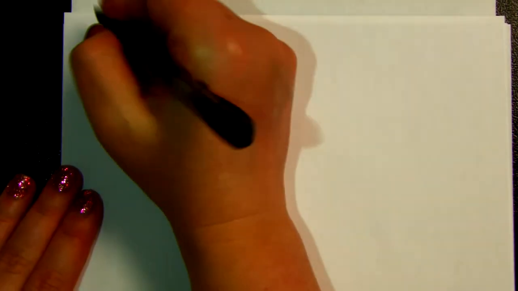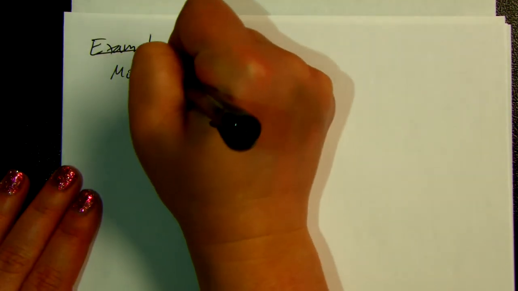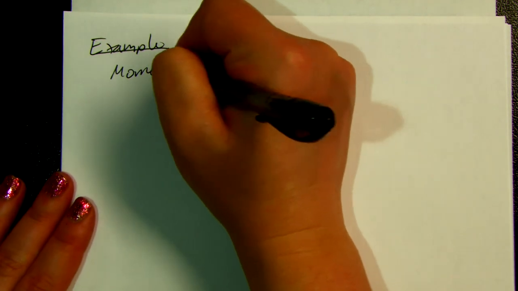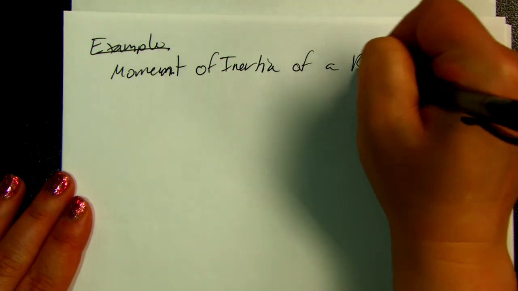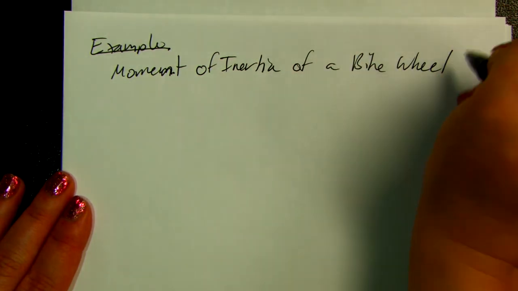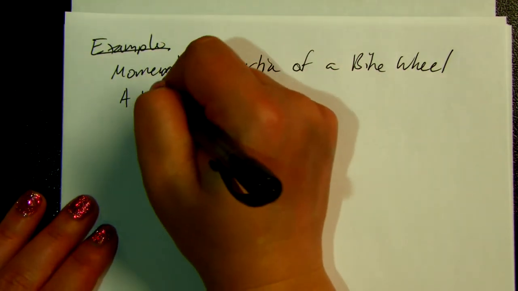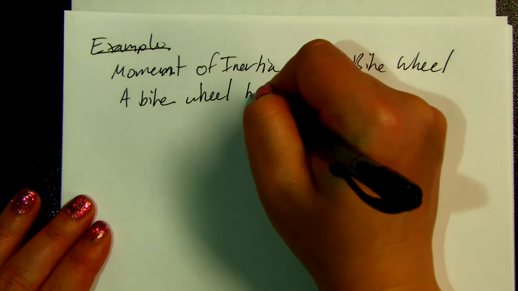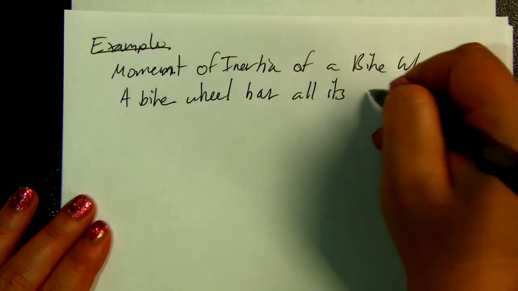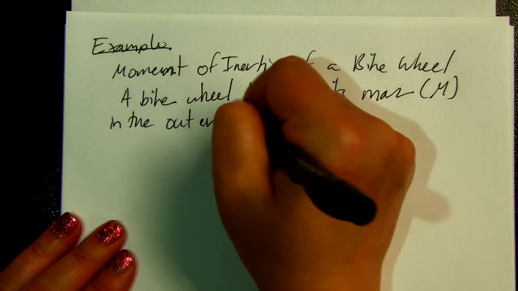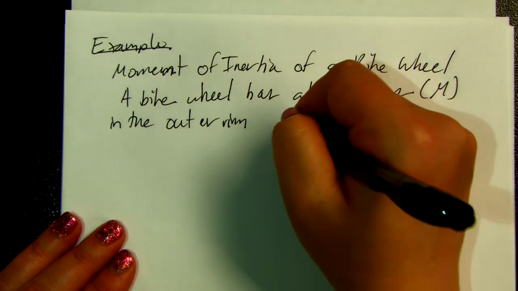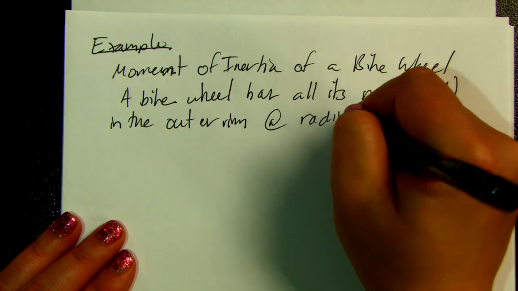With another example, let's look at the moment of inertia of a bike wheel. My favorite kind of wheel. A bike wheel has all its mass in the outer rim at radius r.